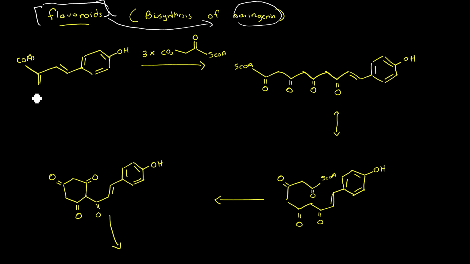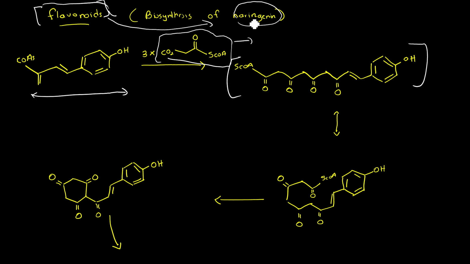So we are going to start with this particular molecule, right? In this first step, we are going to add three molecules of this one. This is acetyl coenzyme A, if you remember it. When you have introduced these three molecules into our chain, you will have this particular molecule. If you find it a little hard to understand how this molecule is attached to this part, I highly recommend you watch our polypeptide synthesis video.